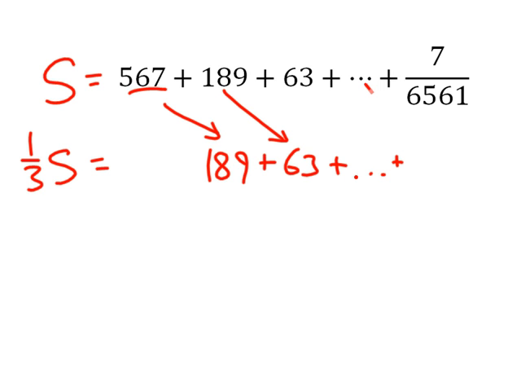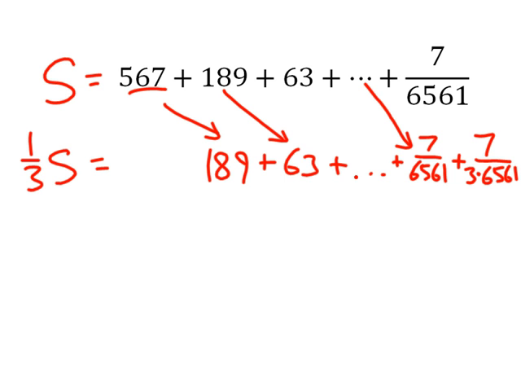Whatever my second to last term was, that's going to give me 7 over 65,61. And then that last term will give me 7 over 65,61 times 1/3. That's the same as just putting an additional 3 times in the denominator.